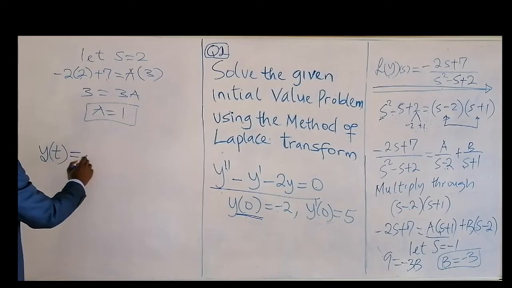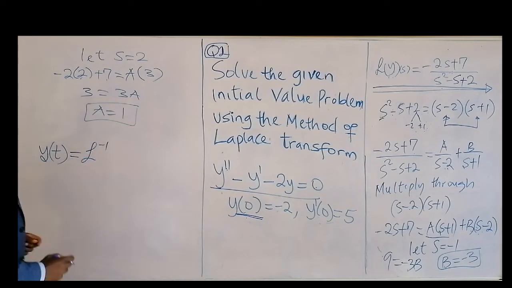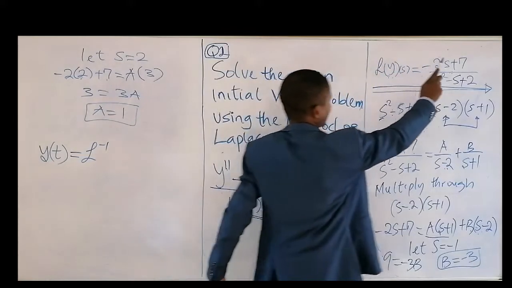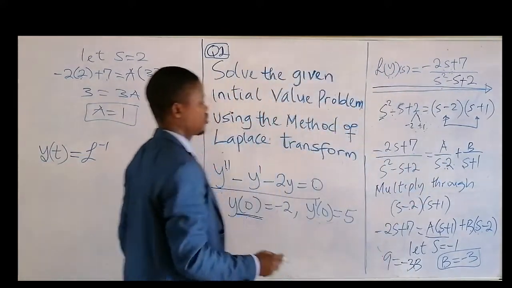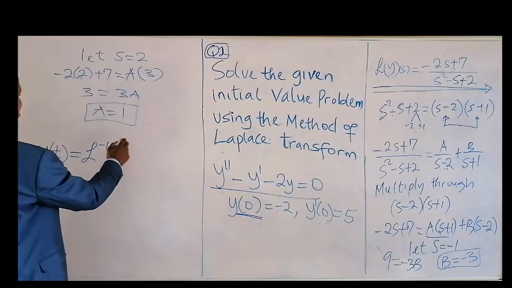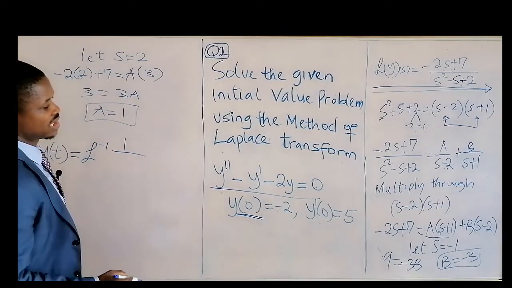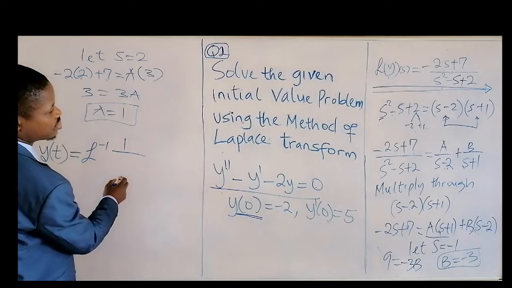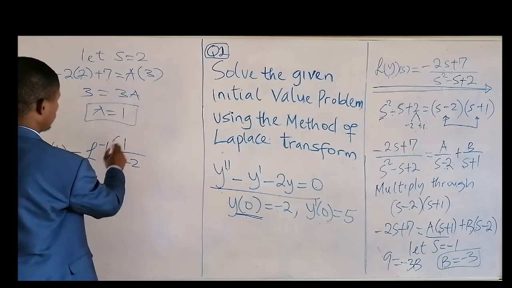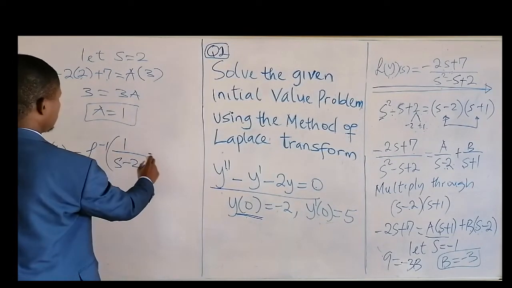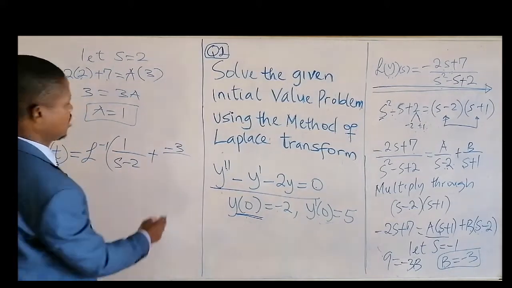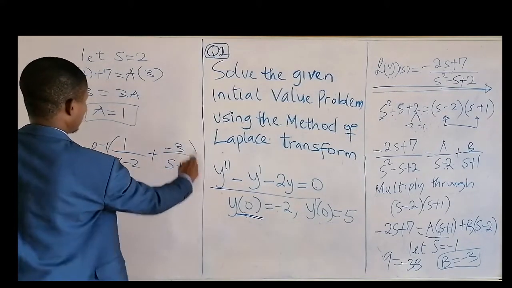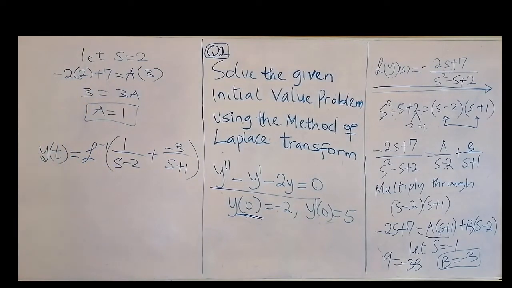That will be equal to the inverse of this expression, which has been turned to partial fraction: A is 1 over s minus 2, and then plus B, B is minus 3 over s plus 1. Okay? So that's what we have.